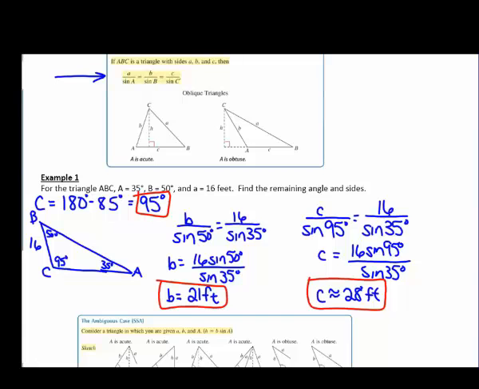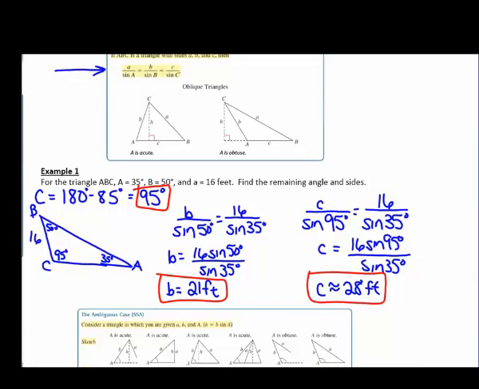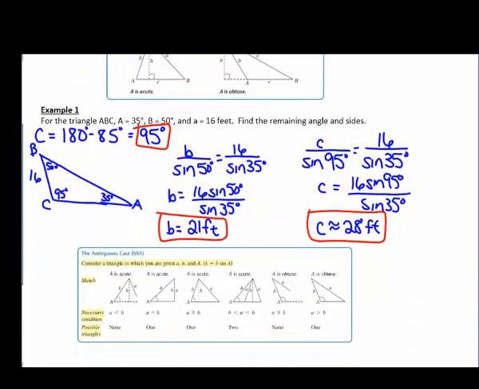All right, so now we're going to take a look at something called the ambiguous case. Notice that in this first example that we just did, we were given angle, angle, side. There's one other of those triangle shortcuts that we can use law of sines for, and that's angle, side, angle.